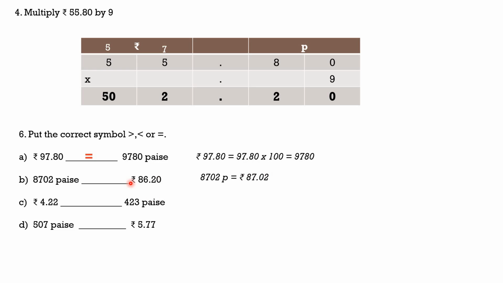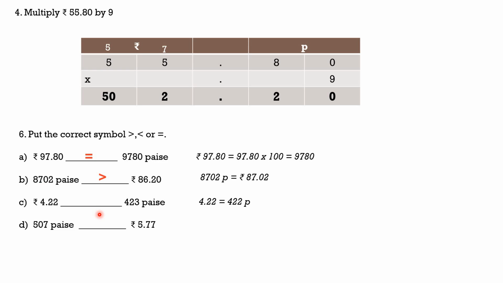So there is a difference. The bigger number is 87.02 rupees, or you can also say 8702 paise is bigger than rupees 86.20.